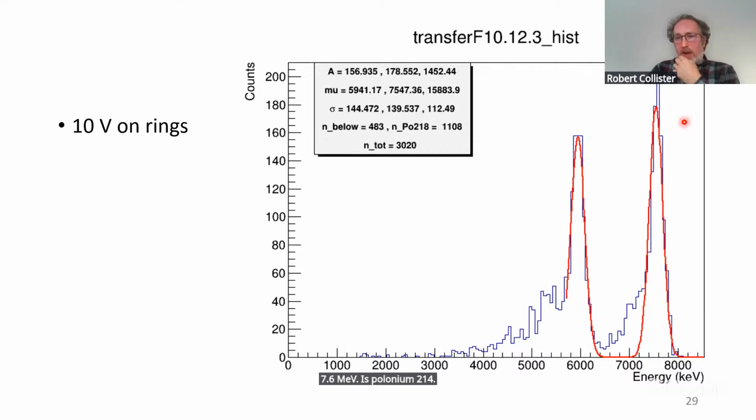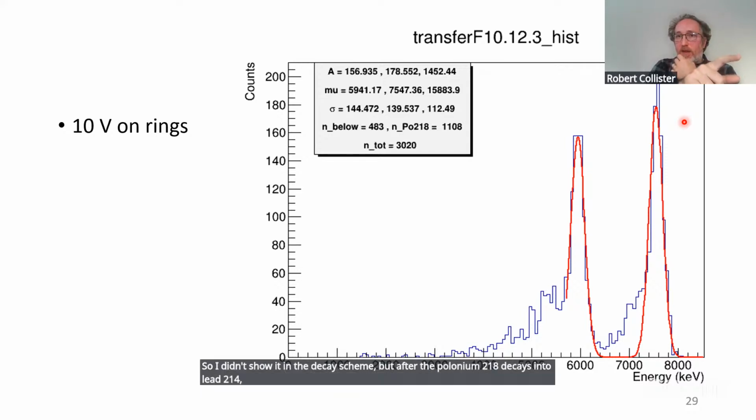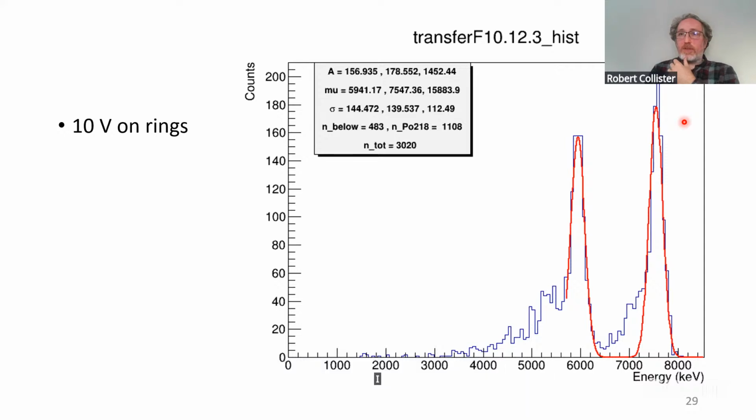I didn't show it in the decay scheme, but after the polonium-218 decays into lead-214, there's a couple beta decays to get it back up to polonium-214 and another alpha decay down to lead-210. And lead-210 has a half-life of, I think, 22 years. So that one sticks around for a long time.